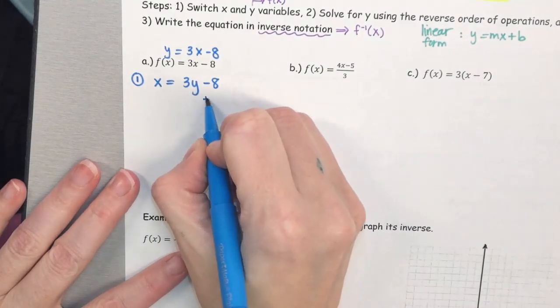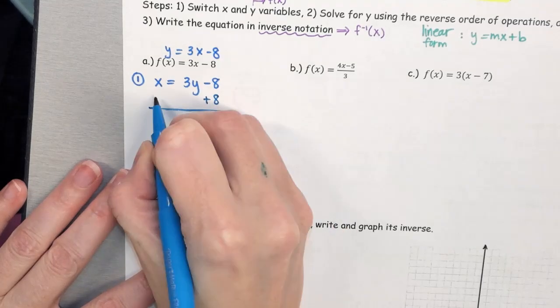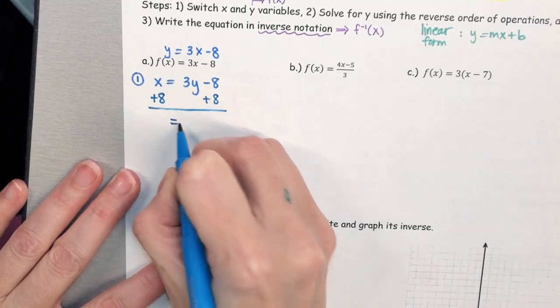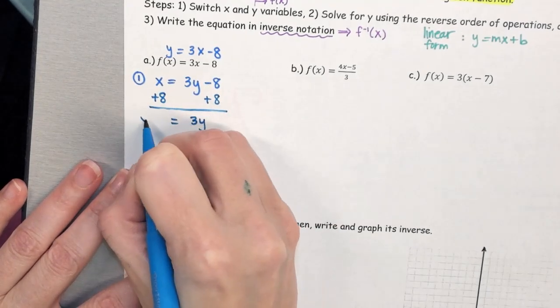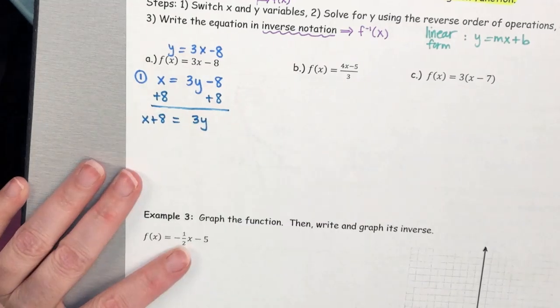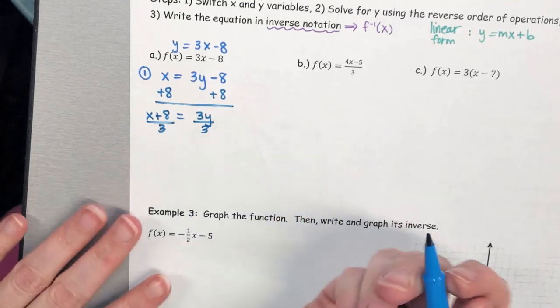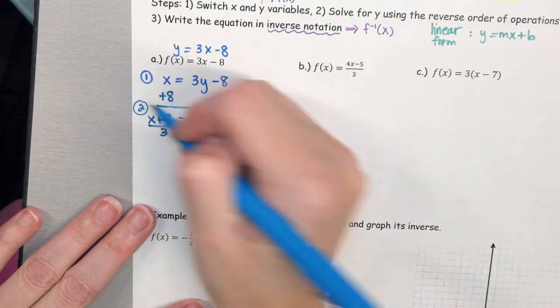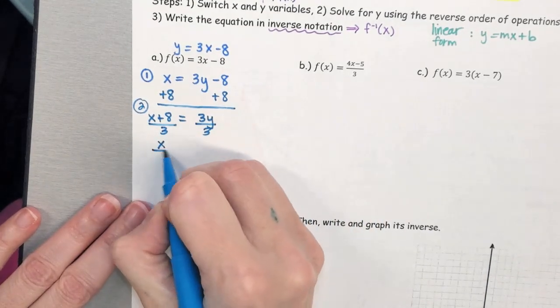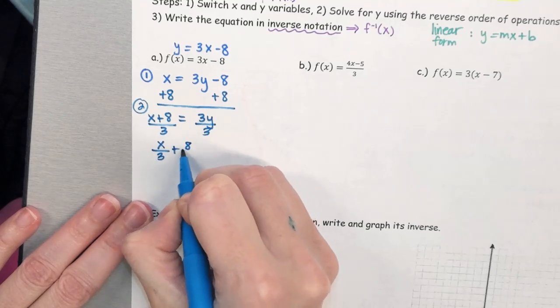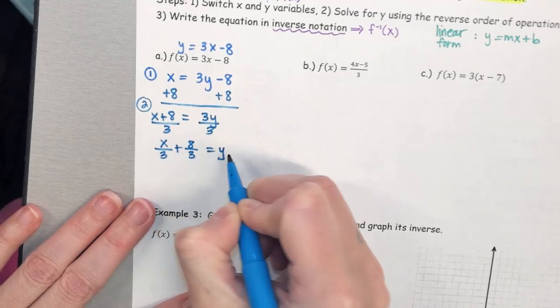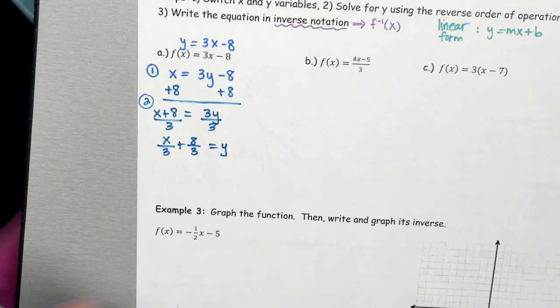So you guys are really good at solving linear equations at this point. We just have to make sure we're writing out our steps. So this would be x plus 8. Divide both sides by 3. All of this is step 2. So when you're dividing by 3, you have to divide both of those by 3. We are going to simplify.